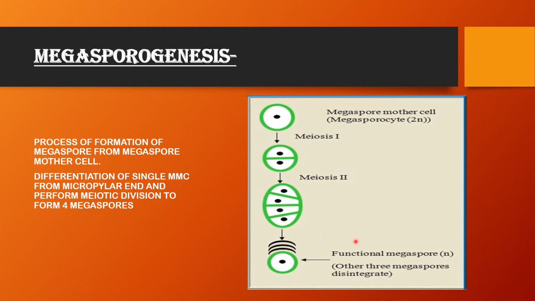So that is the story of megasporogenesis, in which after differentiation, one cell from the nucellus region behaves as the megaspore mother cell, and that divides meiotically and forms 4 megaspores, of which 3 will degenerate and only one will be the functional megaspore, which will complete the further developmental changes and develop into the female gametophyte.